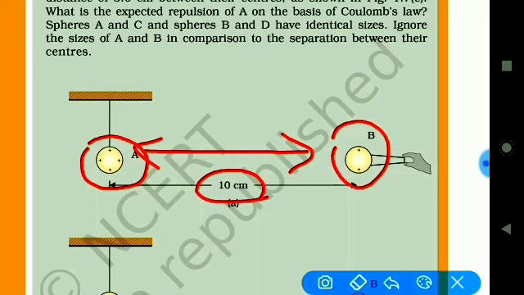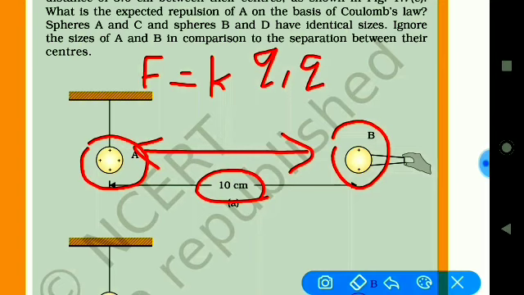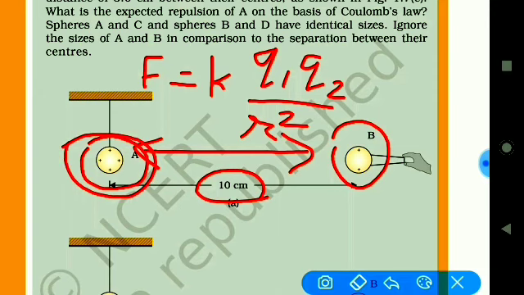As these are charged particles, a force will act between them, which is given by F is equal to K Q1 into Q2 upon R square. Here Q1 is nothing but the charge on sphere A and Q2 is the charge on sphere B, and R is the distance between them, which is 10 cm.